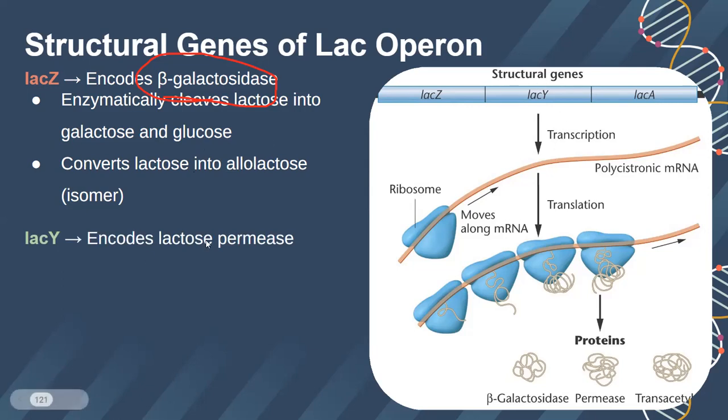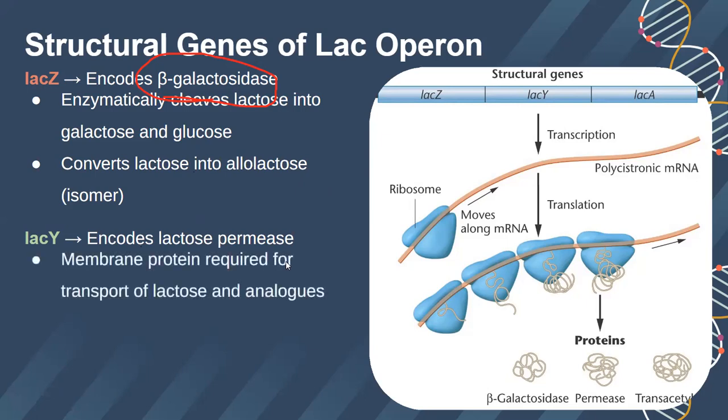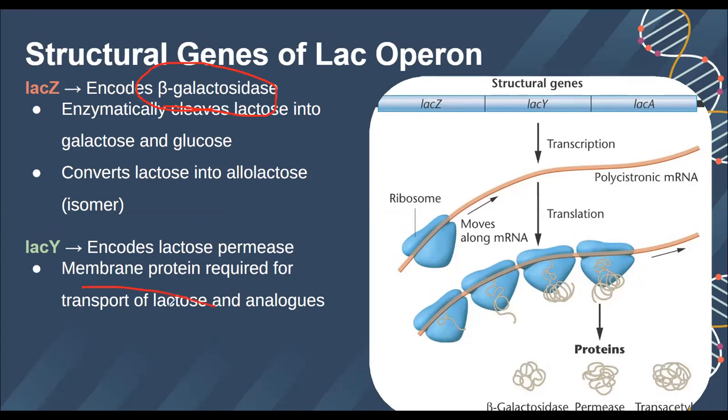LAC-Y is involved in making an enzyme known as lactose permease, which gives permission for the cell membrane to allow lactose to come in. It is a membrane protein required for transport of lactose and analogs. So this lactose permease will allow the plasma membrane of the cell to let lactose come inside the cell.